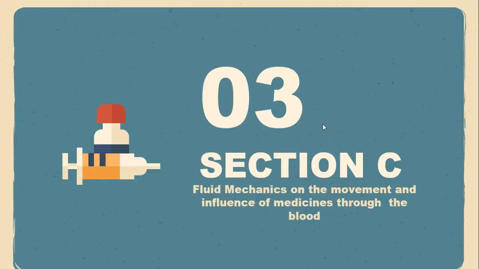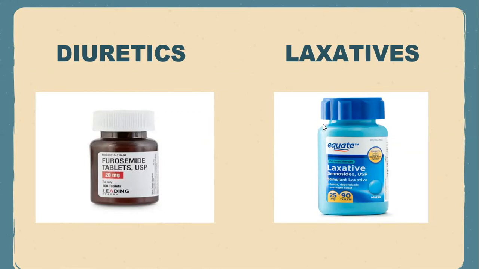When we talk about section 3, fluid mechanics on the movement and influence of medicine through the blood. So we use a lot of medicines that make our blood circulation, let's say, relaxed. I mean, it makes it go easily in our body. First, I want to talk about diuretics.